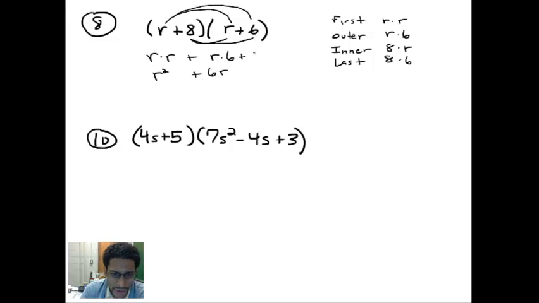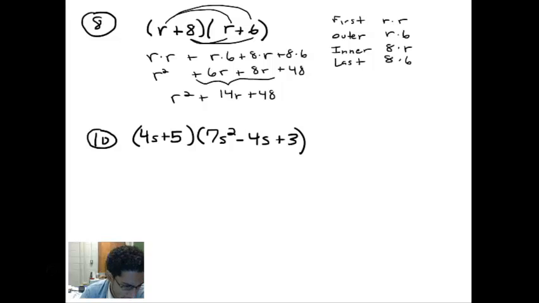And so we'll have 8 times r, and then 8 times 6, giving us 8r and 48. The middle terms can be put together to give us r squared plus 14r plus 48 as the answer.